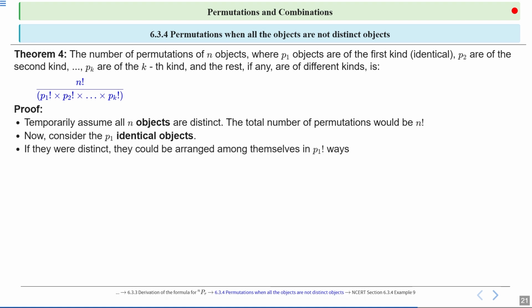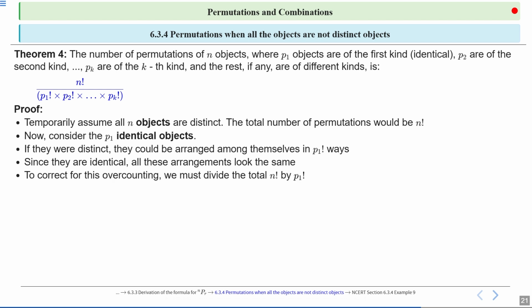If they were distinct, they could be arranged among themselves in p1 factorial ways. Since they are identical, all these arrangements look the same. So to correct for overcounting, we divide the total permutations, n factorial, by p1 factorial.